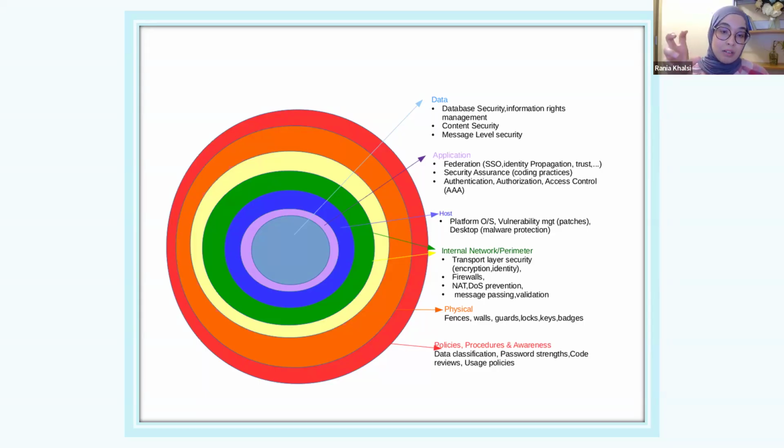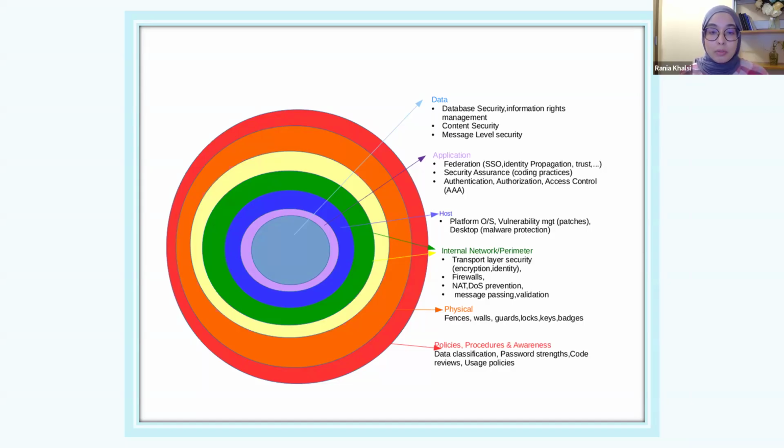We start from the outer layer, which is the red layer. Here we have policies, procedures, and awareness. These include things like data classification rules, password policies, code reviews, and so on. Even human behavior is part of security.